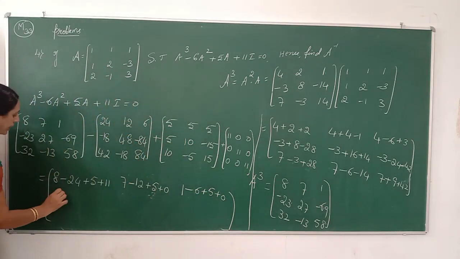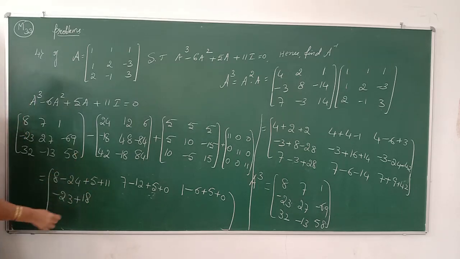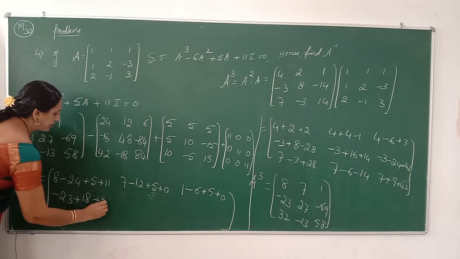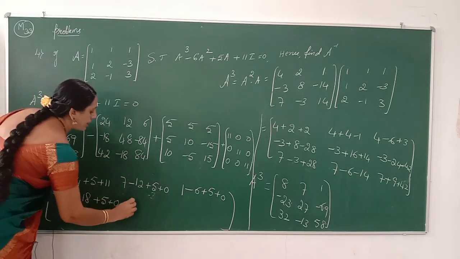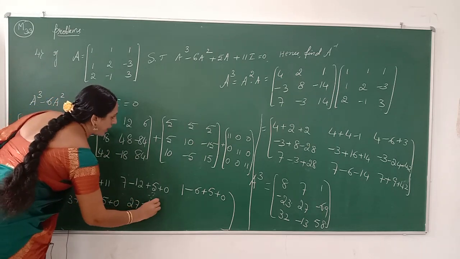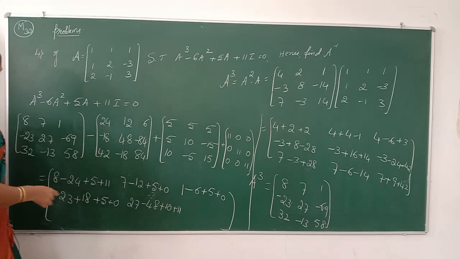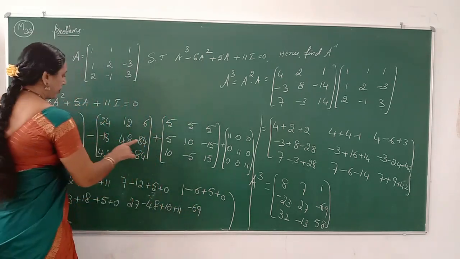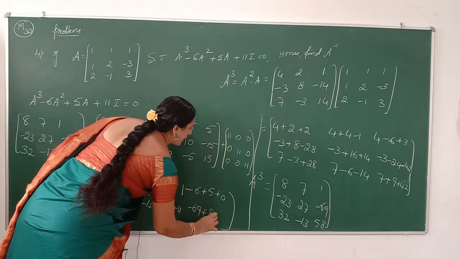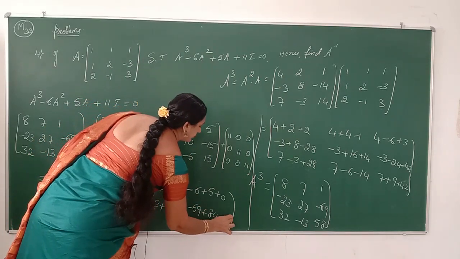Second row: minus 23, minus into minus is plus 18, plus 5 plus 0. Second, 27 minus 48 plus 10 plus 11. Third, minus 69, minus into minus is plus 84, minus 15 plus 0.